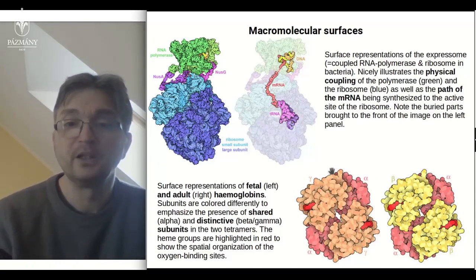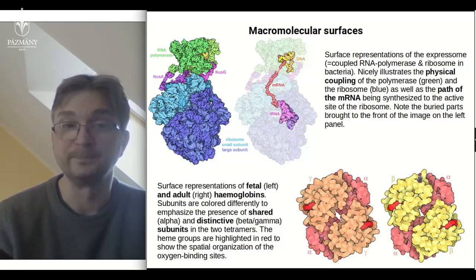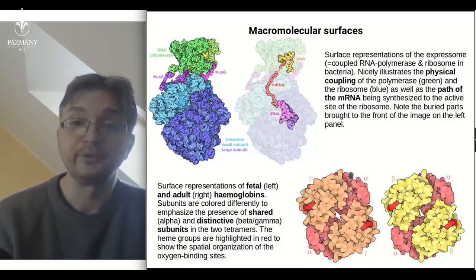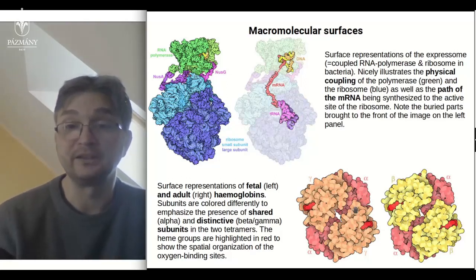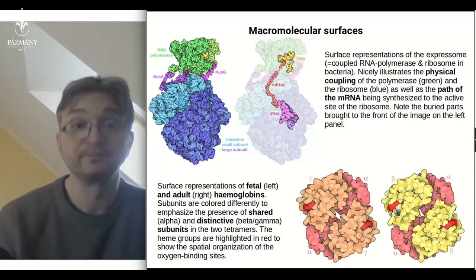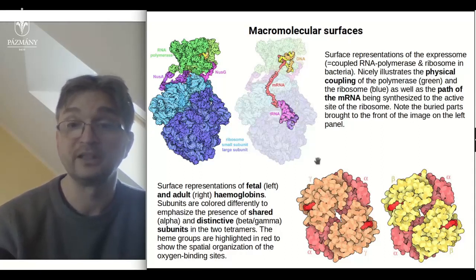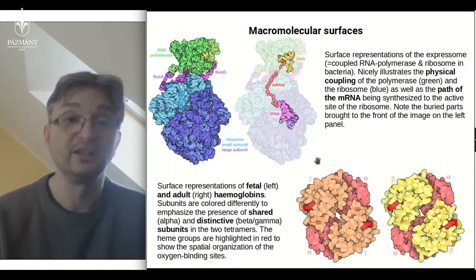The bottom depiction shows hemoglobins. The left one is the fetal hemoglobin and the right one is the adult hemoglobin. You can see the coloring emphasis here, that the alpha subunit is common to both of these hemoglobins, but the beta subunit is specific for the adult hemoglobin and the gamma subunit is specific for the fetal hemoglobin.